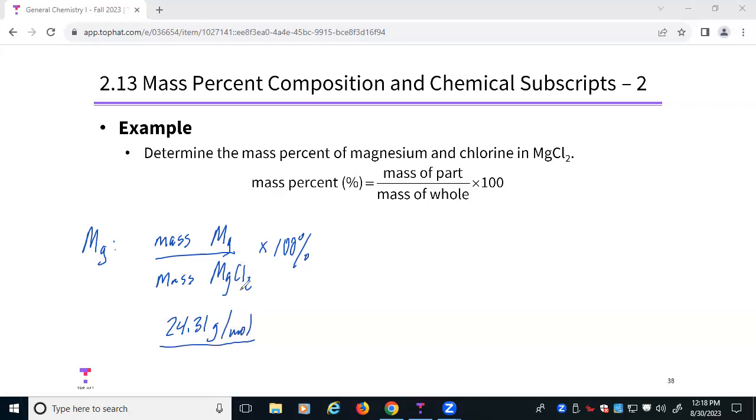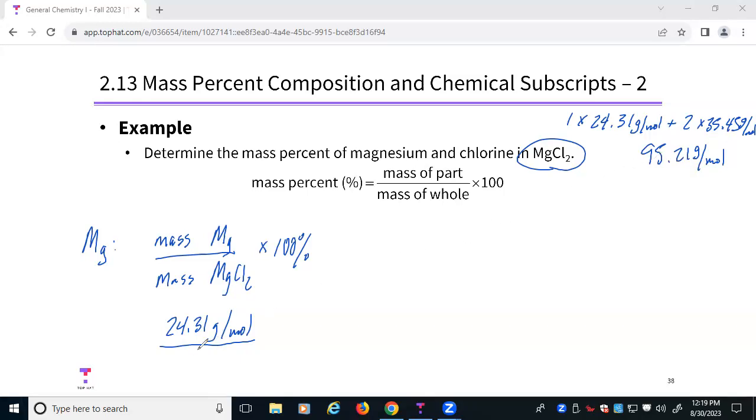The mass of magnesium chloride, I would need 1 magnesium plus 2 chlorines, 35.45 each. So add those together, 24.31 plus 2 times 35.45, 95.21 grams per mole.